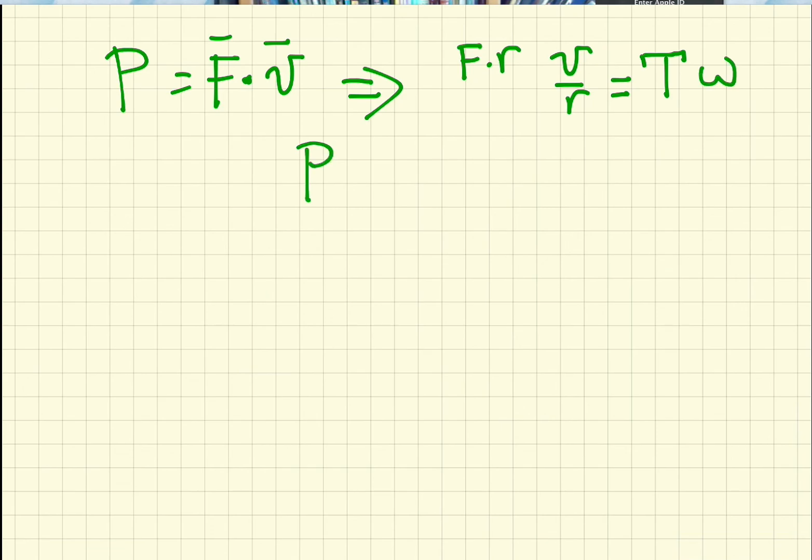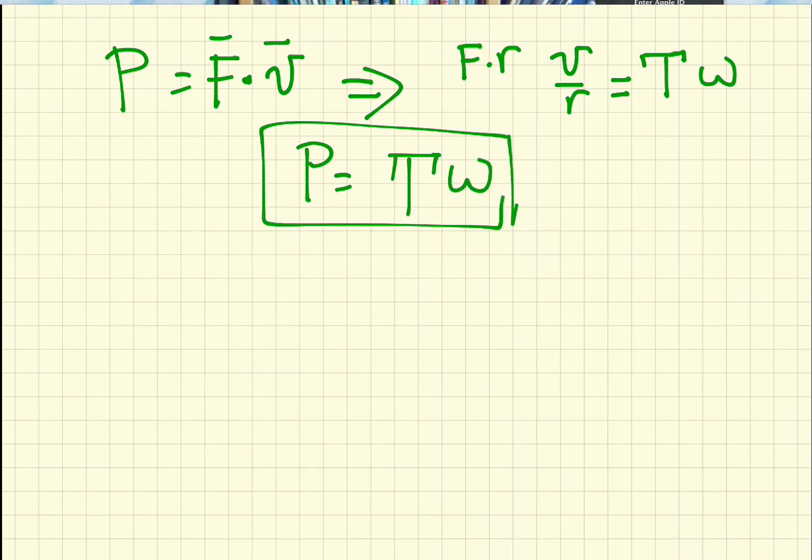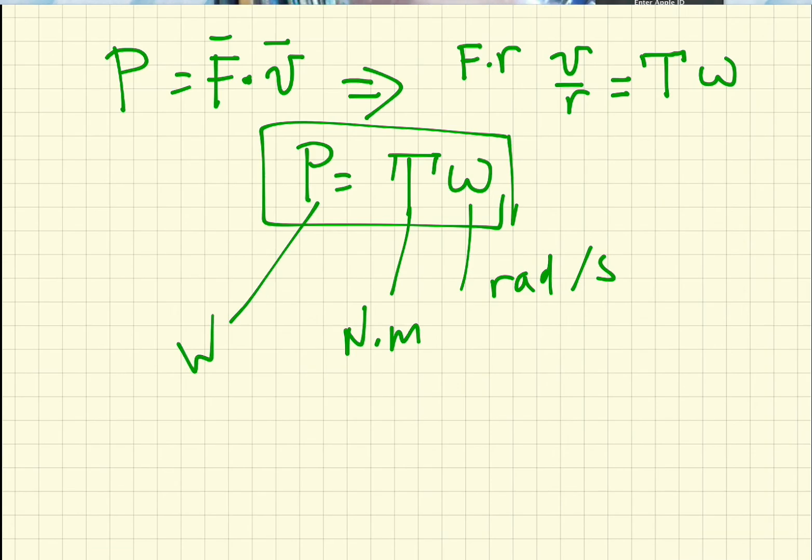So the basic formula is that the power is T times omega, where omega is in radian per second, the torque is in Newton meter, and the power is in watts. So this is all in the SI units.